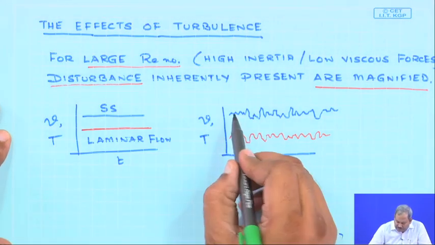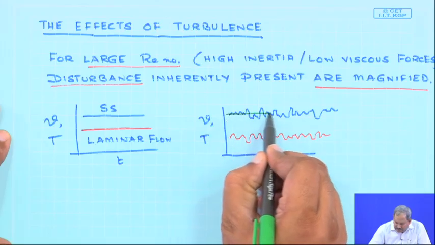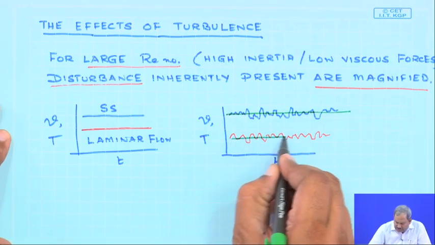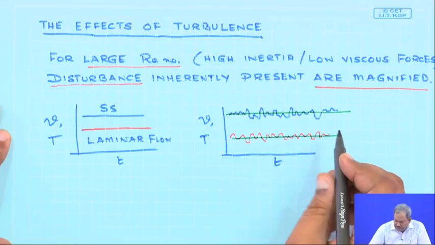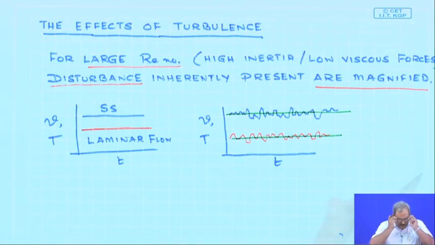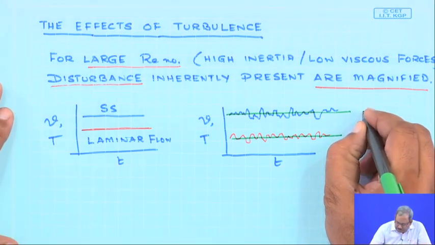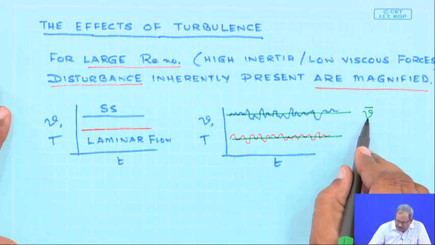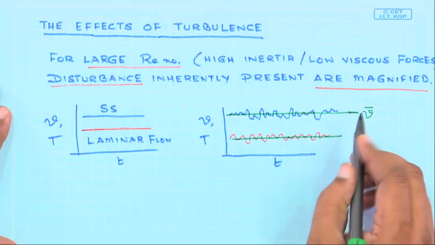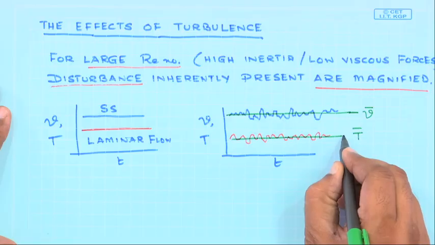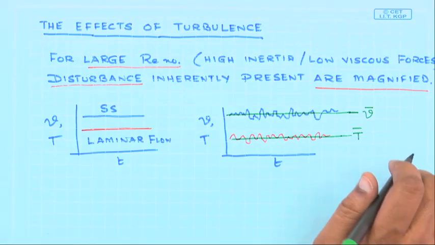However, if you take an average of these values, both for temperature as well as for velocity, what you would get can be called V bar or time average velocity, and this is time average temperature, which can be denoted as T bar.